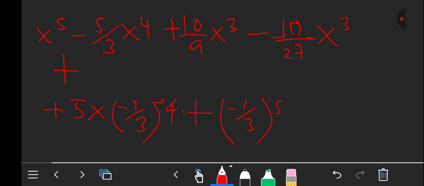So we're going to say negative 1 over 3 to the power 4. 3 to the power 4 is 81. Negative 1 to the power 4 also is positive. So you just say 5 multiplied by 1 over 81. So that is 5 over 81, then x, just x to the power 1. So even if you don't write the 1, it's okay. Then negative 1 over 3 to the power 5.